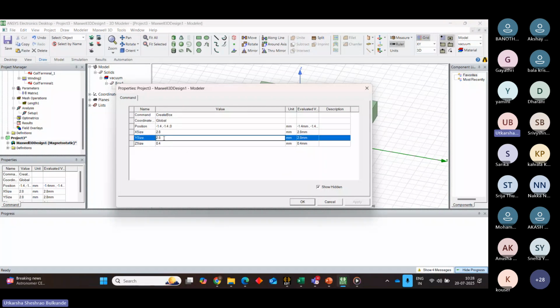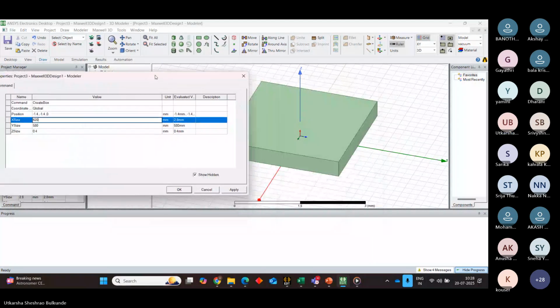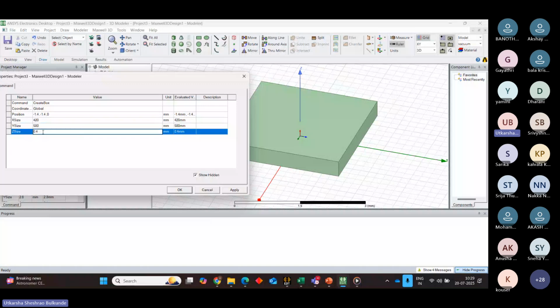Outside in X direction it is 580, this is 420 in Y direction, and this is the height, which I'll give as 3 mm.